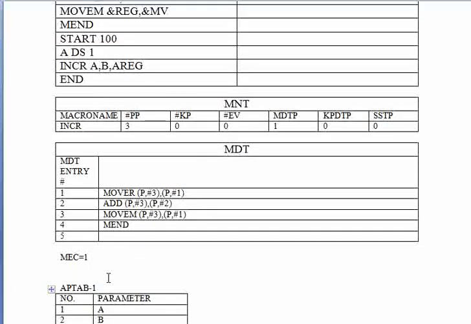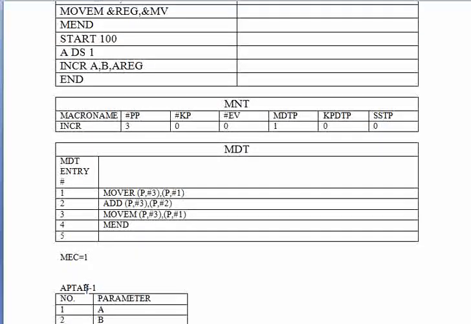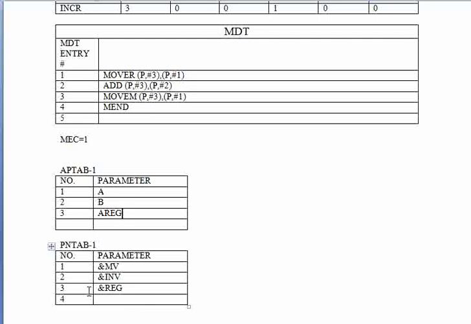What it actually means is that the AP tab values, which consist of actual values, will replace the formal parameters that are present in the PN tab.